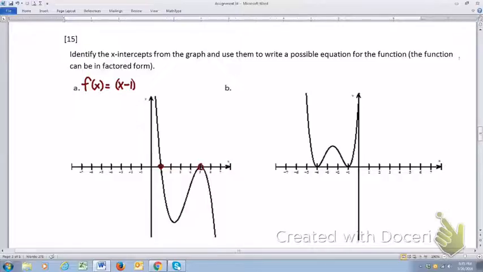So we just say to the first power. Now if we look at the other x-intercept at 5, we're going to have x minus 5 as a factor. Because it's bouncing, we're going to have an even power. We'll just use 2.